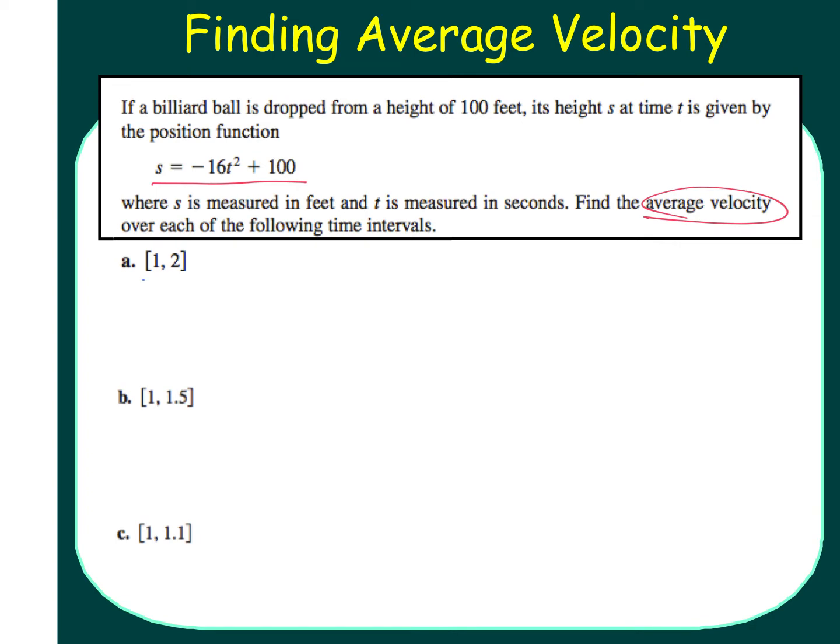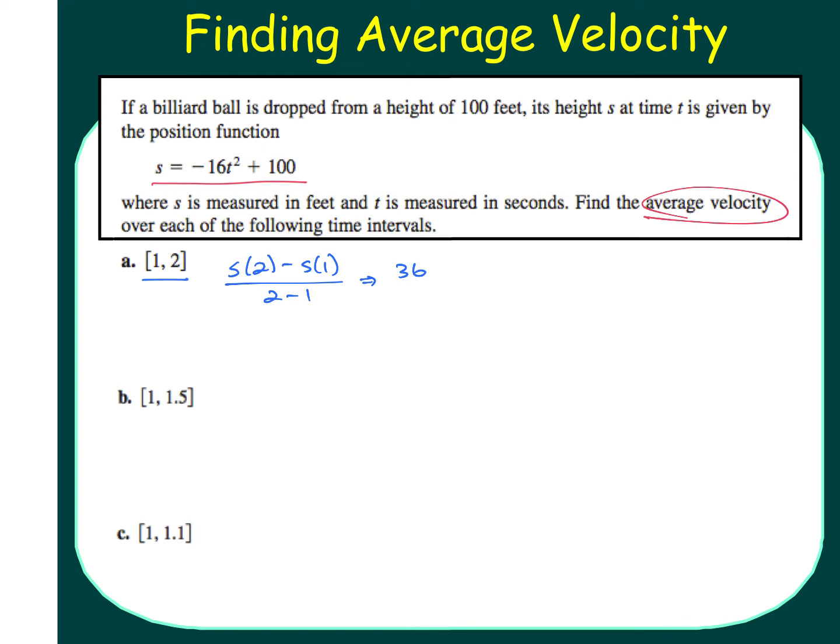And now I have an interval 1 to 2. So we find average velocity by doing algebra slope with it. So all I'm going to do is do s of 2 minus s of 1 over 2 minus 1. Do you see how it's just the algebra slope of it? Now we're going to substitute in 2. So 2 squared is 4, 4 times negative 16, negative 64 plus 100, 36.